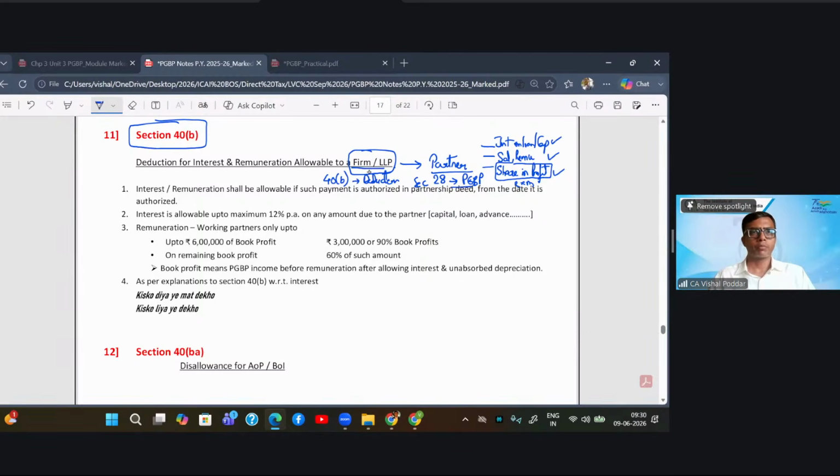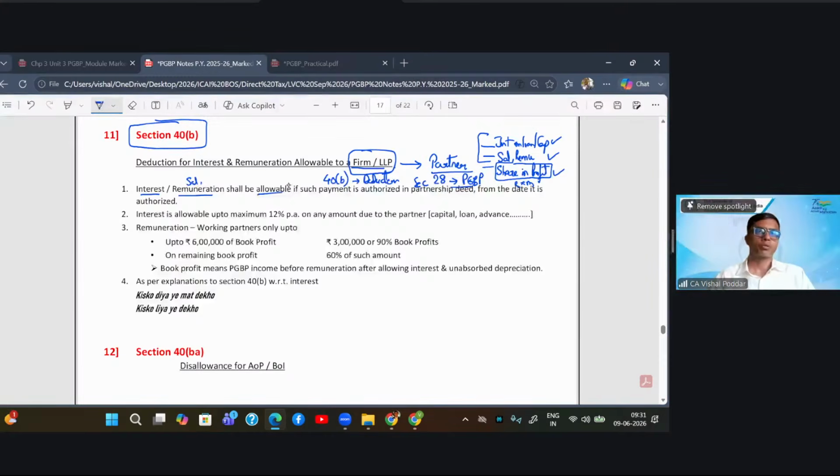So the firm is obviously not taking deduction of these profits, rather this is the profit on which the firm is paying tax as its own income. Now the remaining two things, which are expenses for the firm, for that section 40 clause B has put some conditions: one for interest and one for salary or remuneration, whatever you call it.